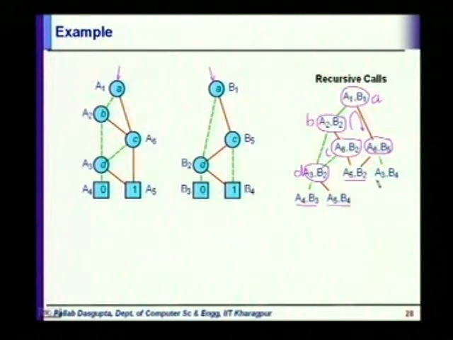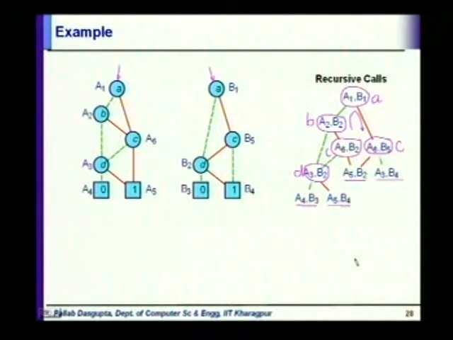So this is A3 B4, this variable is C. When C is 0, we go to A3 B4, and when C is 1, then this one goes to A5 and this one goes to B2, so it goes to A5 B2, right. Again you see we use the hash table to make it point to this one, right. So this is how the operation of the two BDDs are performed.